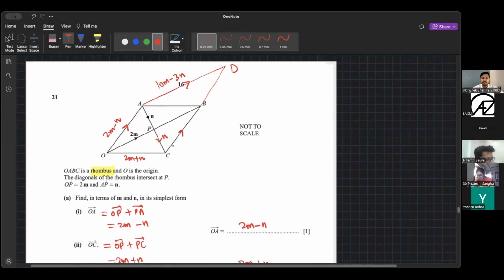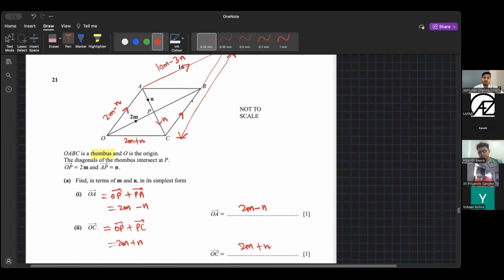That means if we find the value of CD, and we prove that CD is parallel to OA, then we can say that it's a trapezium, right?